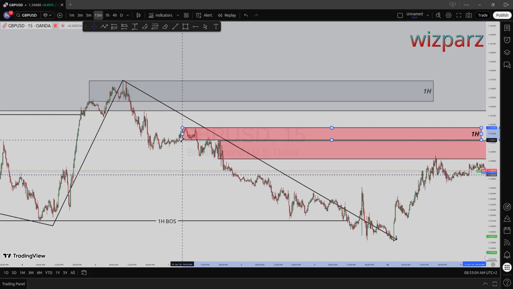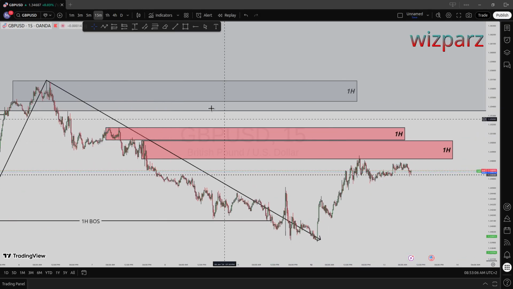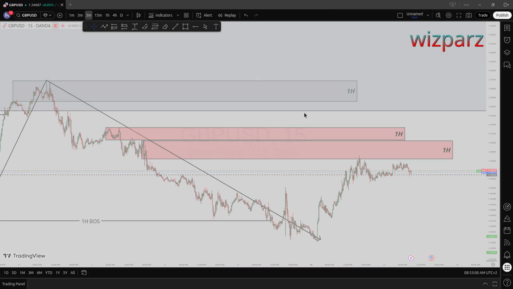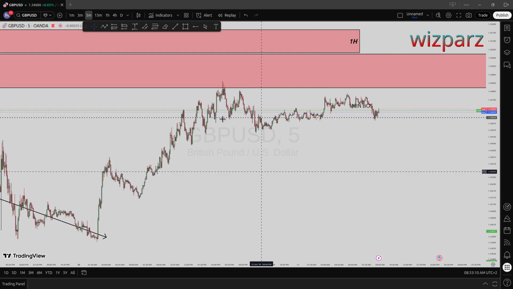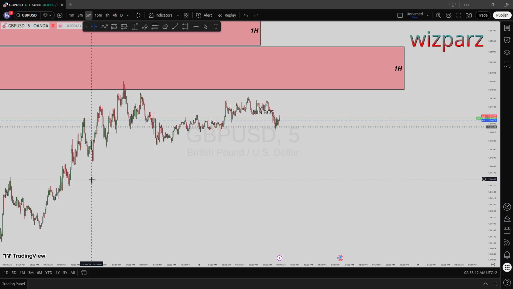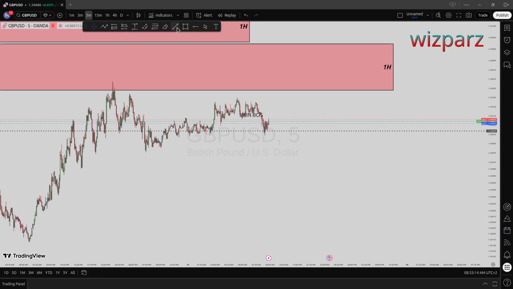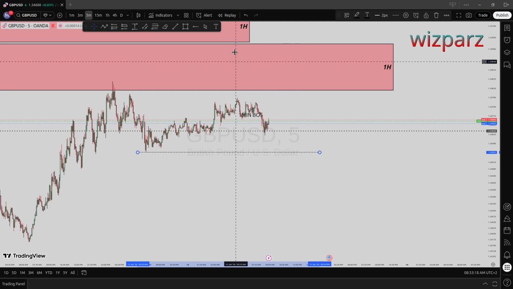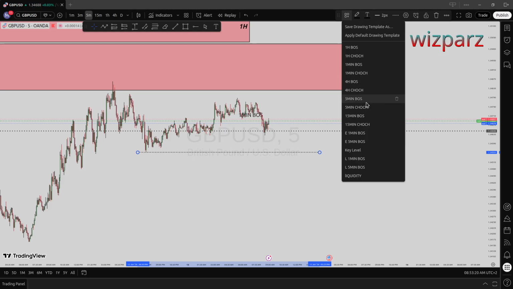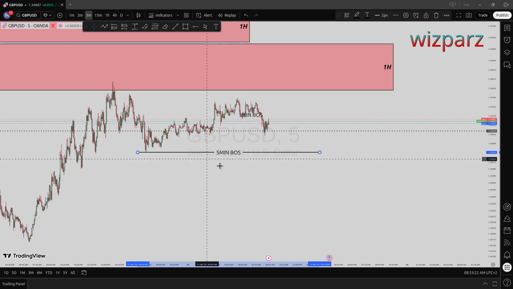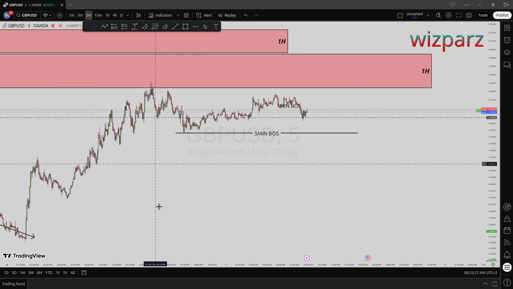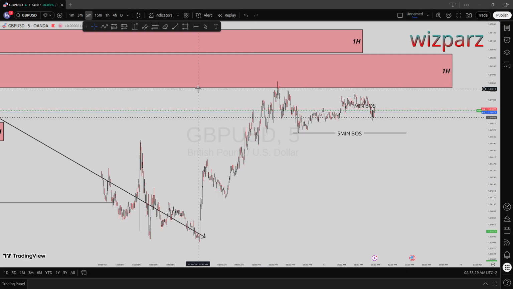What we have to do is wait for a market shift to the downside on 5 minutes. We are waiting for price to break this area, and if price breaks this area, we are going to look for a short opportunity, targeting all of these resting liquidity.